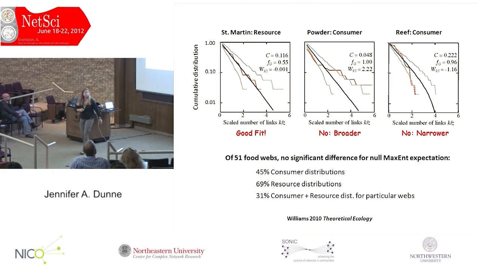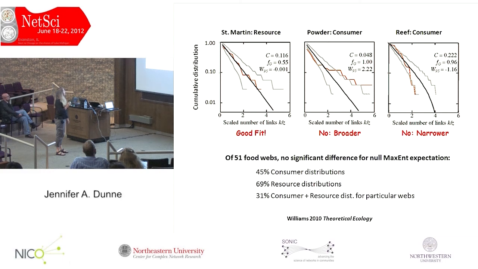This shows Rich and his colleague looked at 51 food webs, basically generation 1 and 2 food webs. This shows the cumulative distribution as a function of links per species.